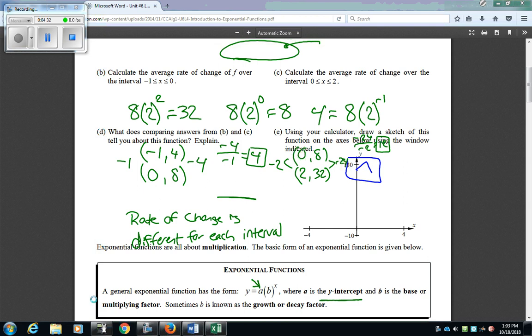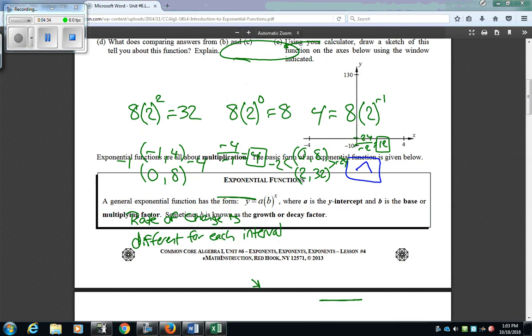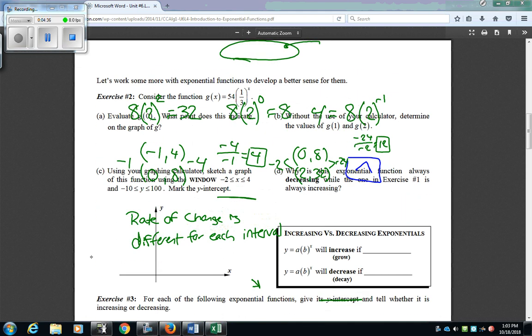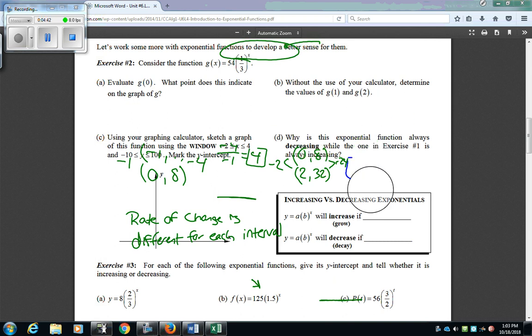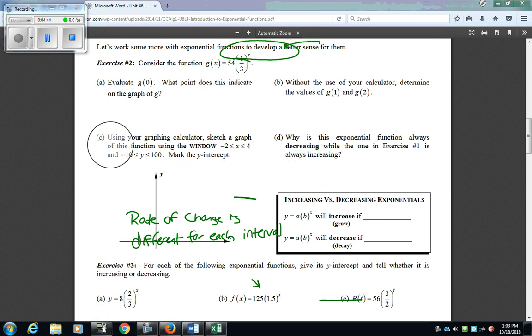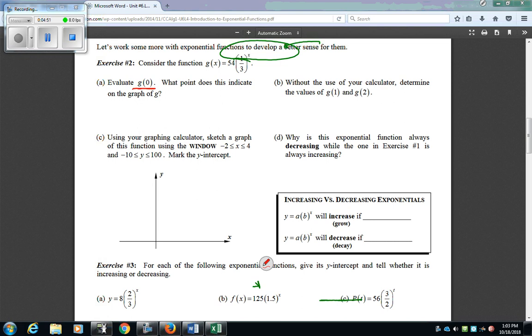So we're going to look at exercise 2. You can work on exercise 2 by yourself. For a lot of the parts, they just want you to evaluate g of 0, g of 1, g of 2, and they give you the function above.